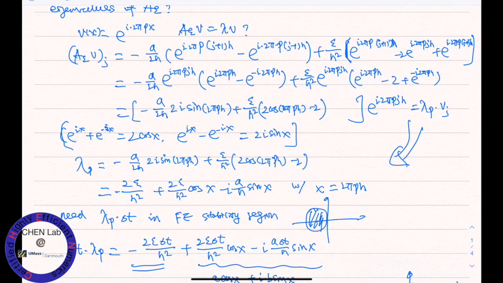Which is for the lambda p theta t, you shift to the left, which is negative 2 epsilon theta t, that first number, over h squared. Okay, and that a is the same guy, so it will reach exactly the origin, and something like that.